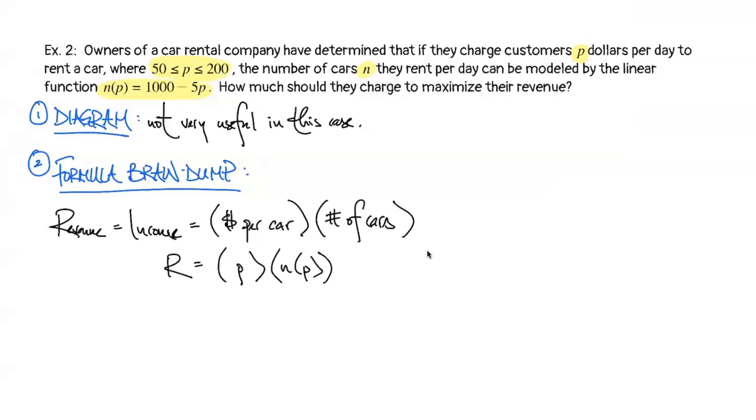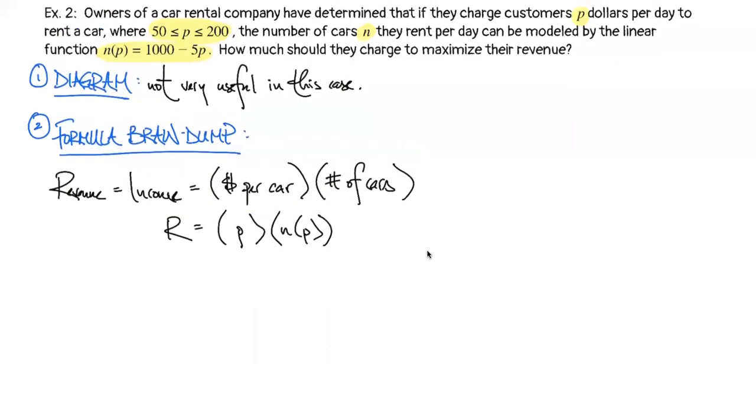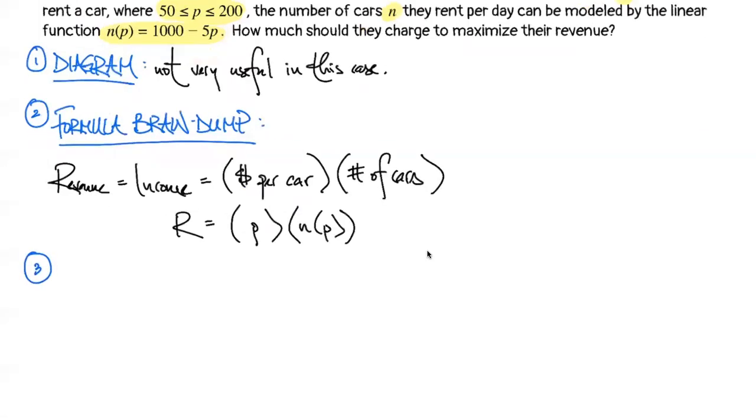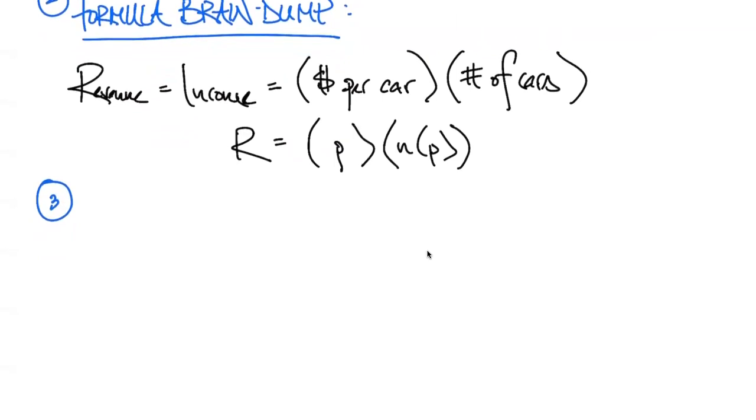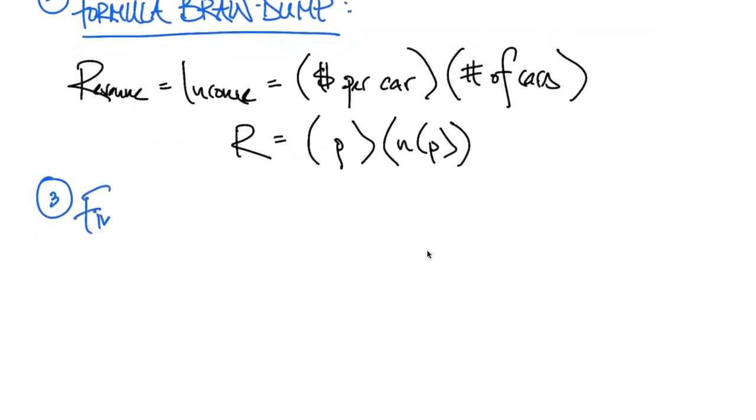All right. Well, now that we have this, we know we're trying to find something that we could take a derivative of. And in fact, we're going to be looking for a maximum. We want to make the most amount of money we can.